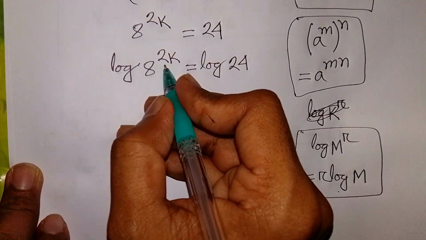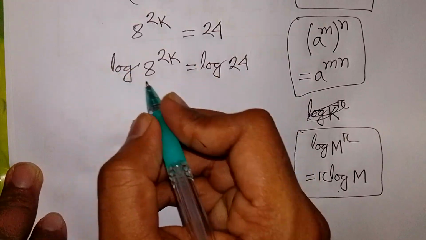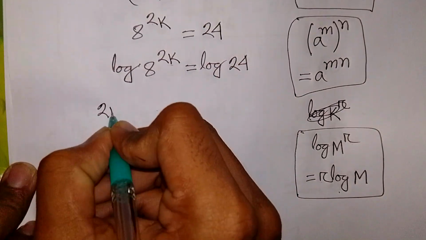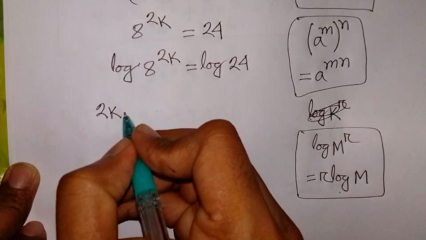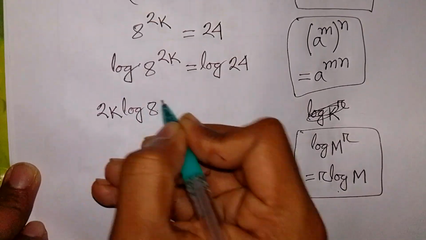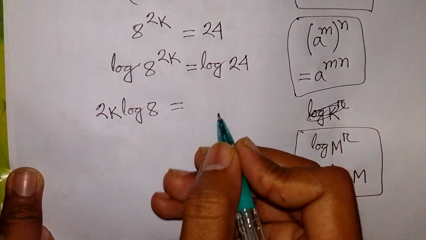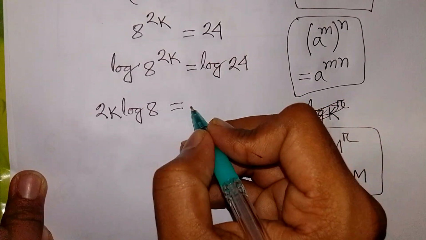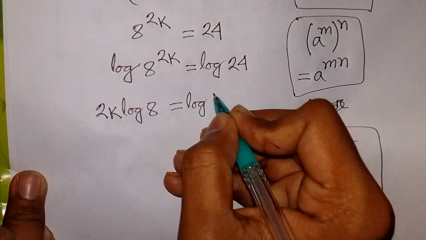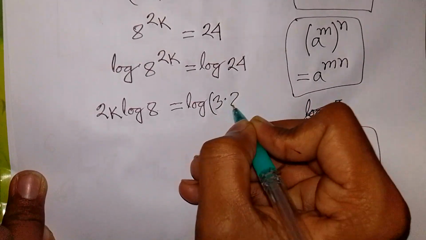So here this power 2k will move to the base, so it will be 2k log 8 is equal to log 24, which can be written as log of 3 times 8.